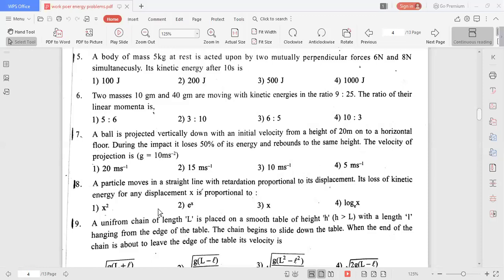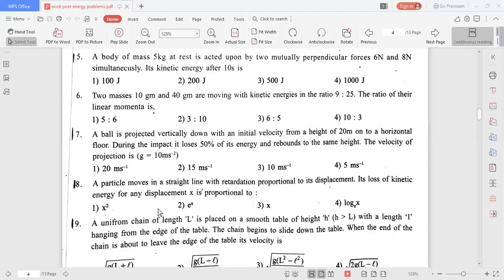Now it is 2 times. Therefore, mg h1 plus half mu square is equal to 2 mg h2. In all terms, we can cancel m. Take LCM. Then 2g h1 plus u square is equal to 4g h2, or u square is equal to 4g h2 minus 2g h1. Since h1 is equal to h2, we can write h1 instead of h2 also.